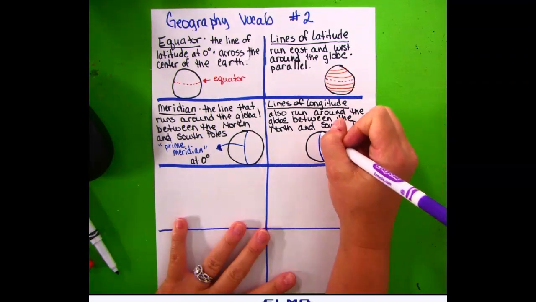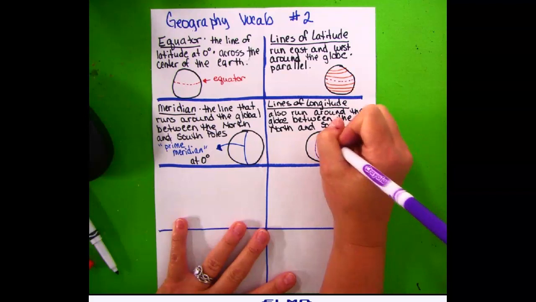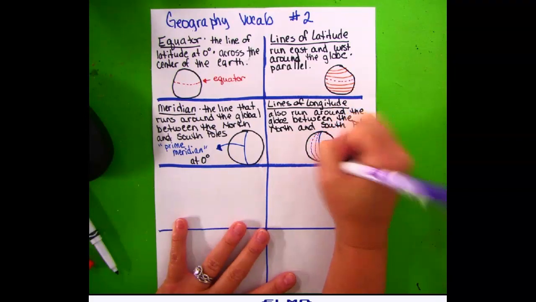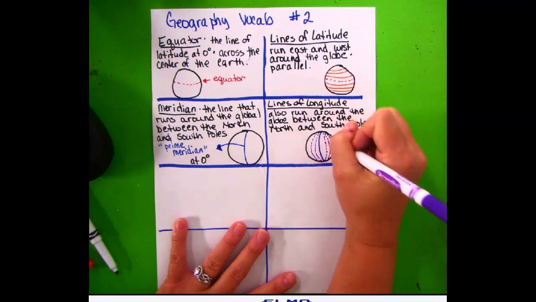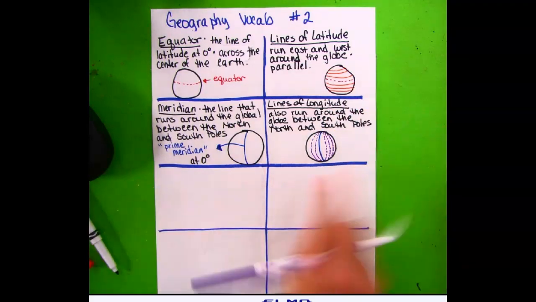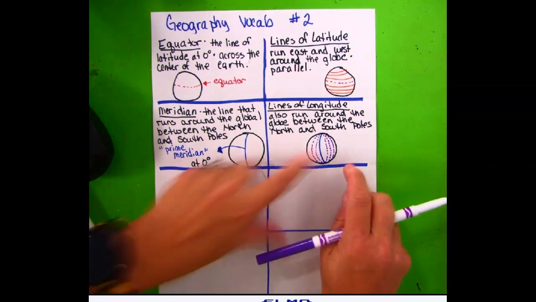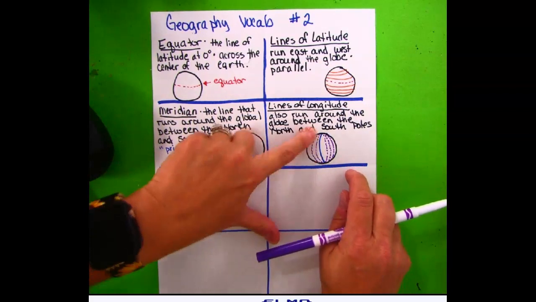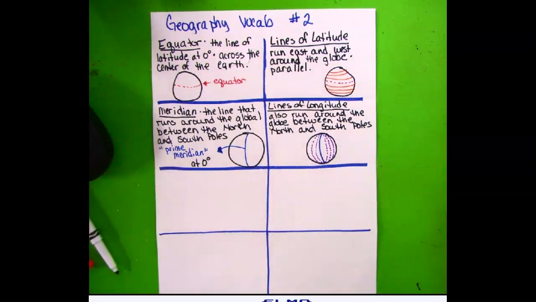So those also run between the North and South pole. You have the prime meridian at 0 degrees, but then you have the lines of longitude also going around, but these meet at the north and south pole, which means they're not parallel. Your lines of latitude are parallel.